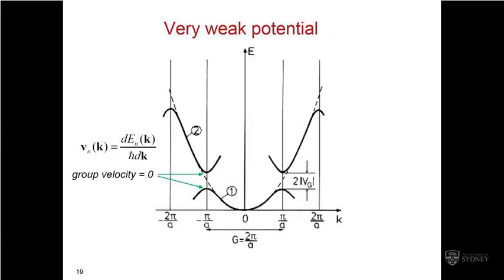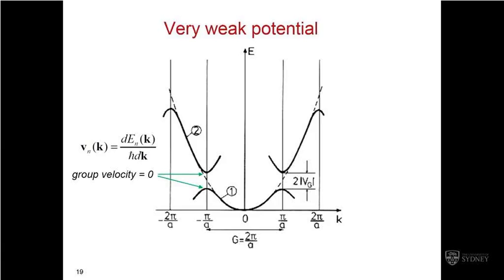Remember before we also defined the group velocity, and that is equal to the gradient of the dispersion curve, energy versus k. So at these zone boundaries, the group velocity is 0. Also, you can see that the group velocity is 0 here at k equals 0. Okay, so that's the first thing.